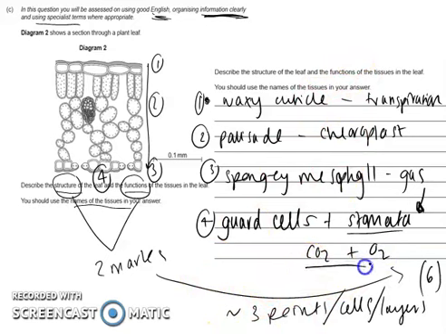And I think it would even be worth writing out the equation for photosynthesis in this case to help you explain that. But that's the way I would answer this question, and I hope that was helpful to you.